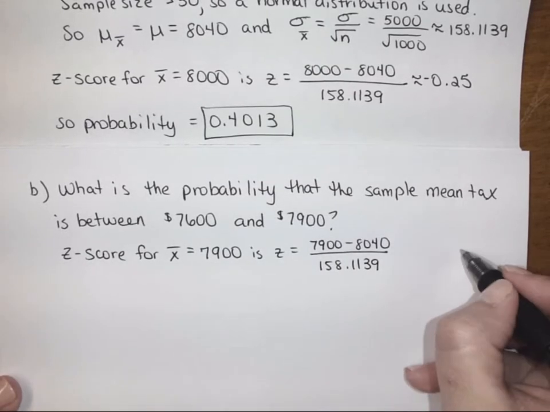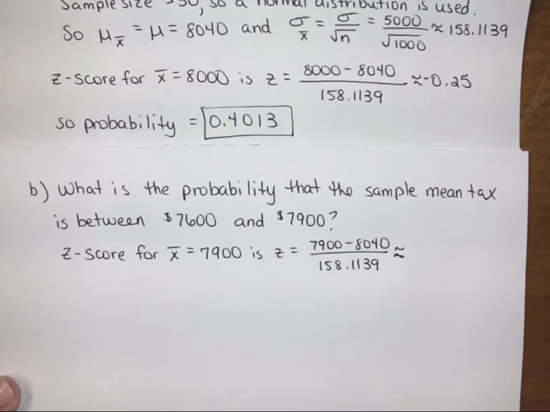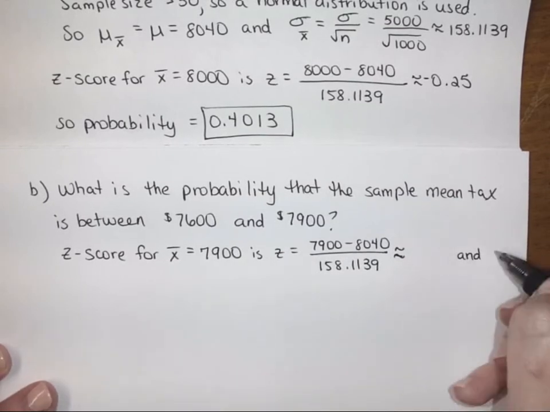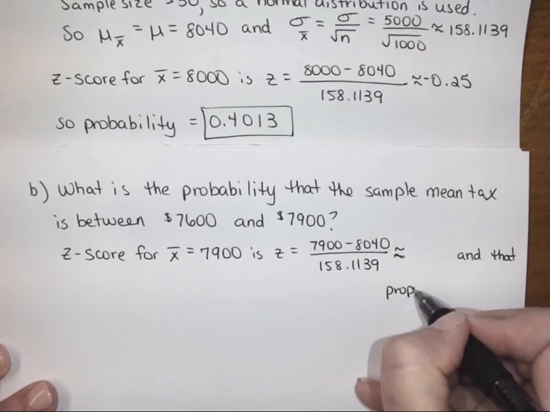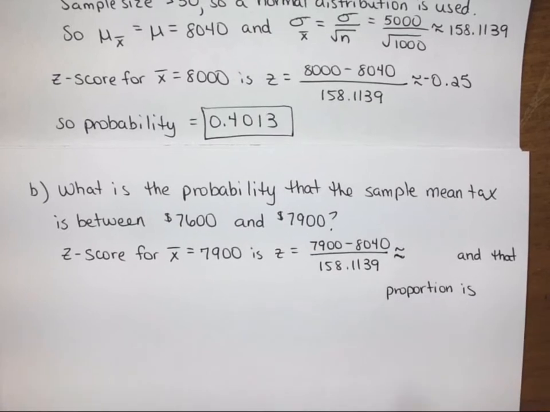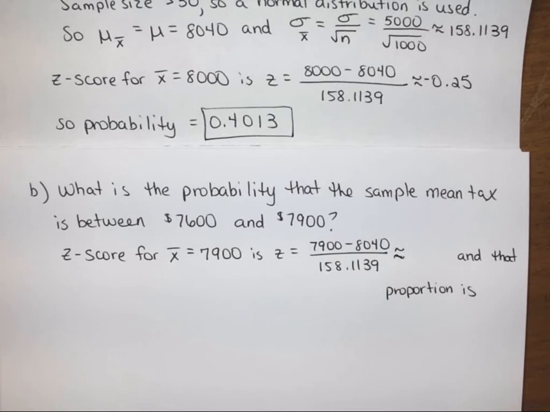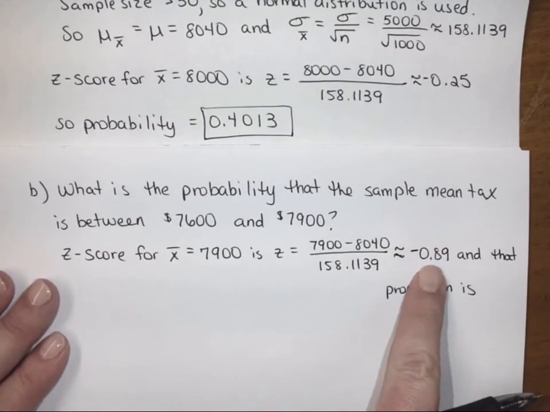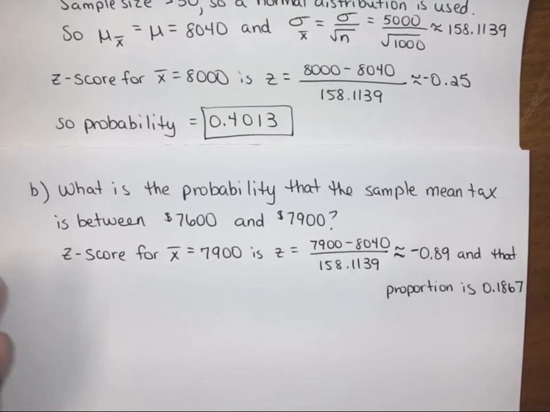Maybe take out your calculator, maybe pause the video, and then match that with a proportion from your chart. If you do this on your calculator, make sure you put parentheses around the top. If you work that out, you're going to get a z-score of negative 0.89, and then you read your chart and you'll get a proportion of 0.1867.